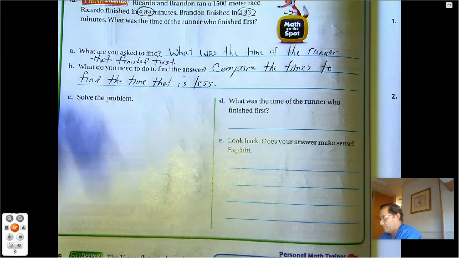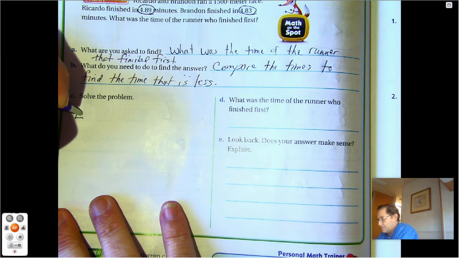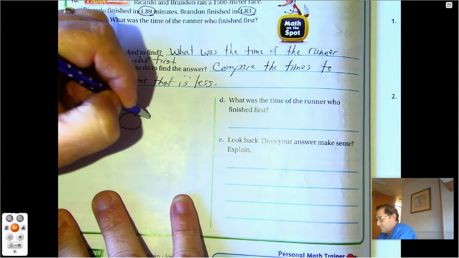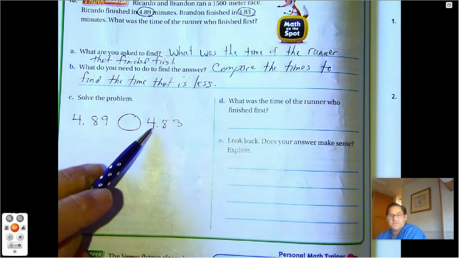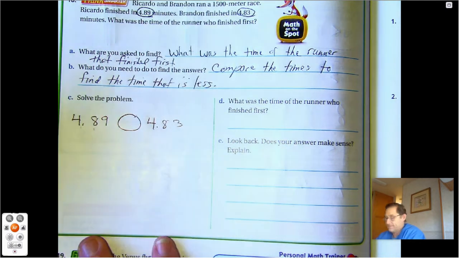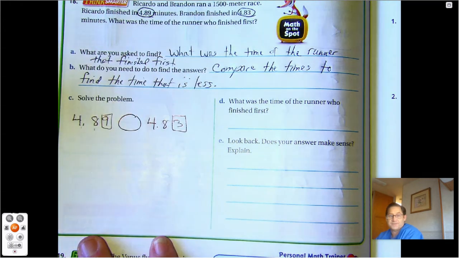So solve the problem. We can use place value to compare 489 compared to 483. So they both finished in 4 minutes, 8 tenths, 8 tenths, 9 hundredths, 3 hundredths.